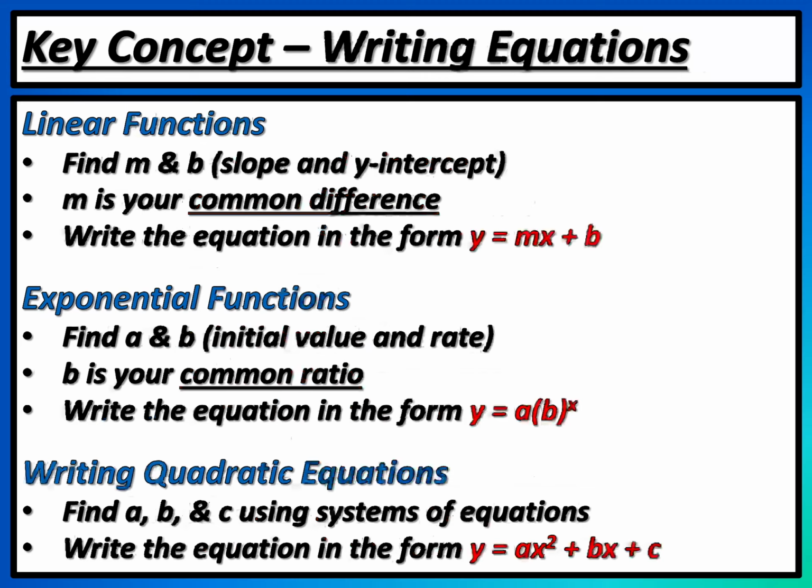In an exponential, we're using the form y equals a times b to the x, which means we need an a and a b. Again, the b is represented by the common ratio, that value we're finding anyway to help us classify. Then we're going to talk about how to find the a value.